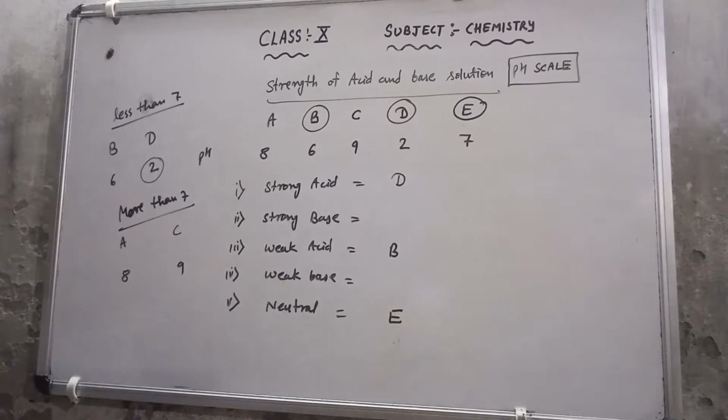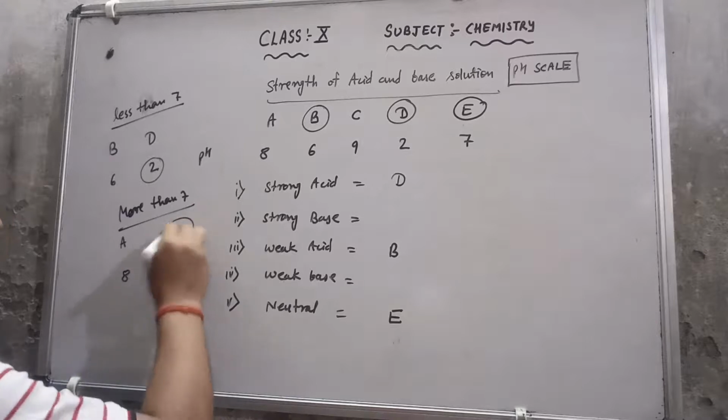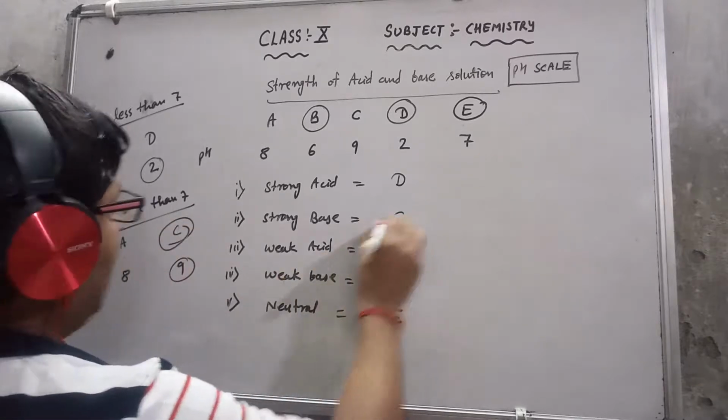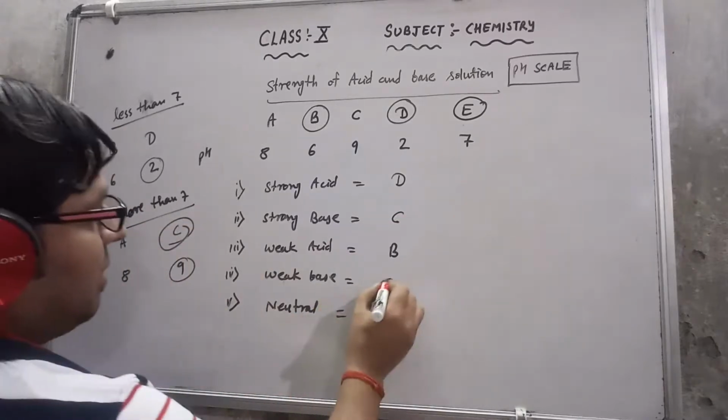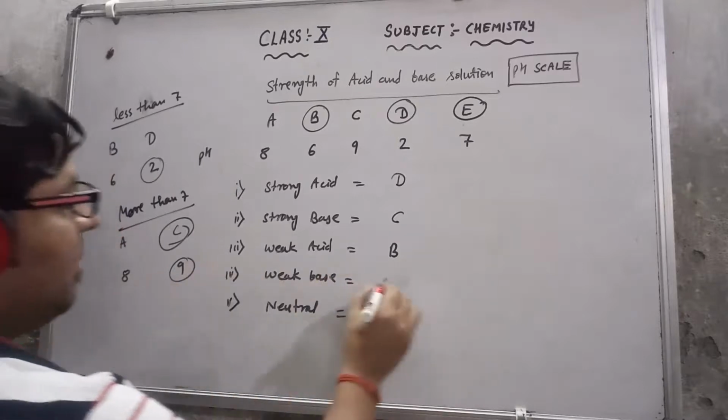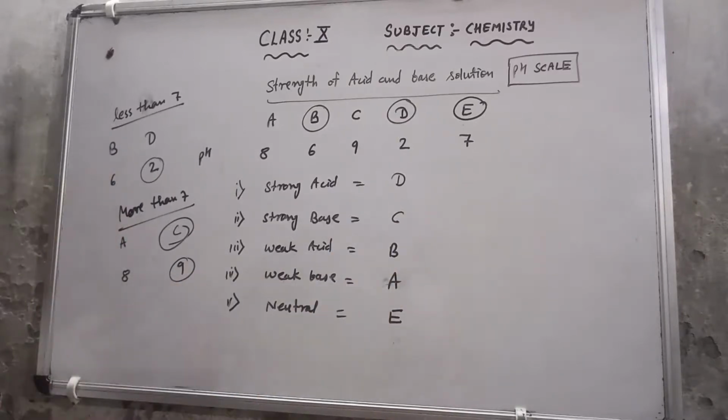Whose value is more is a strong base, and whose value is less is a weak base. 9 is more than 8, so the C solution is the strong base and the weak base is 8, which is A. So this is the way to identify the strong acid, strong base, weak acid, weak base, and neutral.